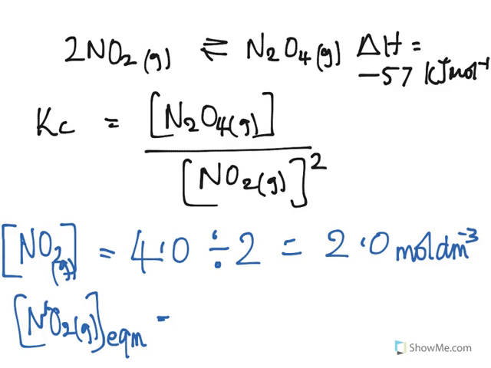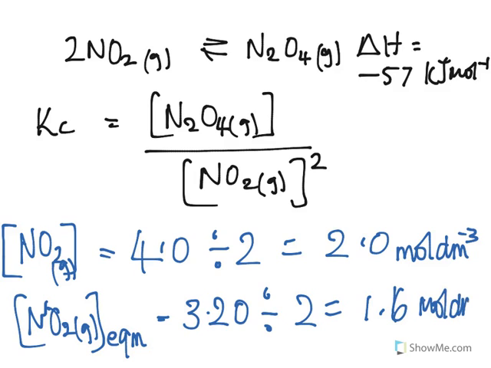And the question tells us that the number of moles at equilibrium is 3.20, so again we can use this with the volume of 2 dm cubed to work out the concentration as 1.6 moles per dm cubed.